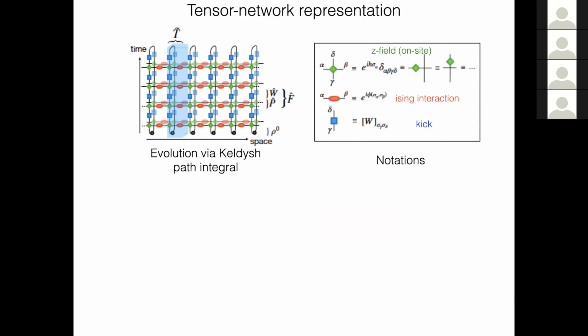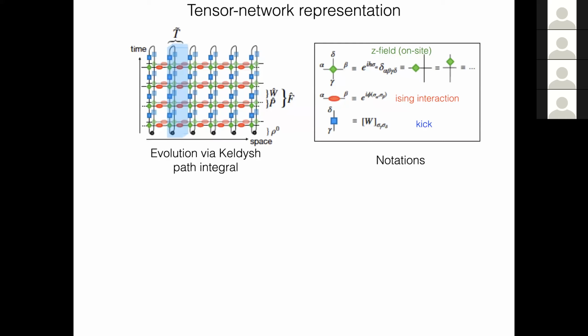This has a very simple representation in terms of tensor networks. In this case, we can introduce the notation shown here for all the gates. Here I have a kick, which is a blue square.